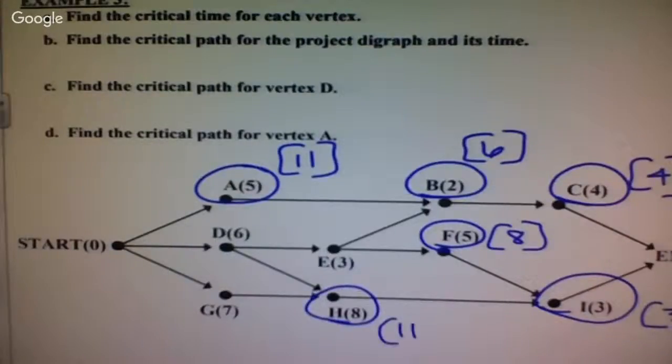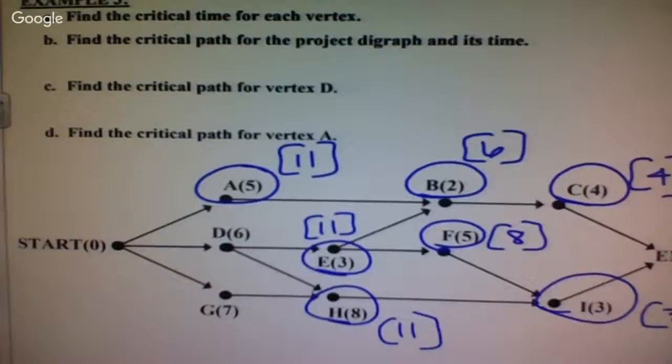11. Okay. Listen, there are 2 things that back up to E. We want to take the highest number backwards. So am I going to go from B to E or F to E? F to E. So that's going to give me 11.